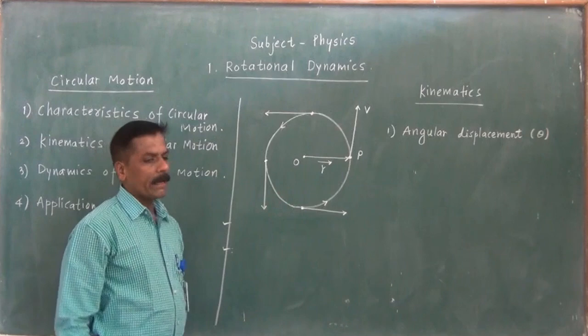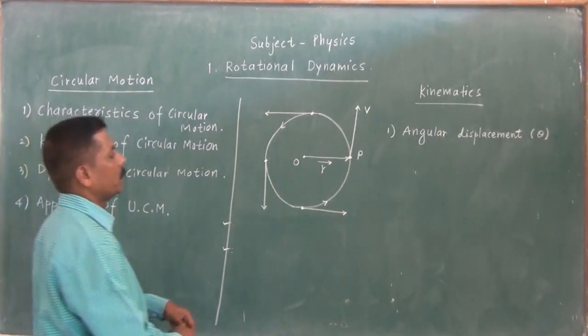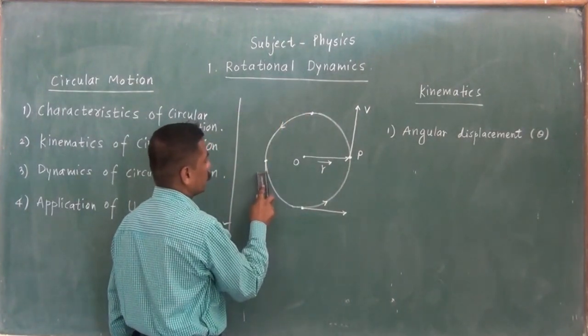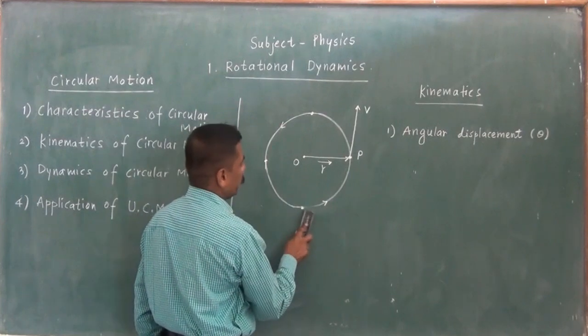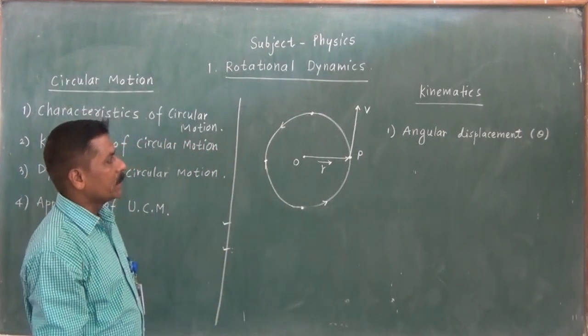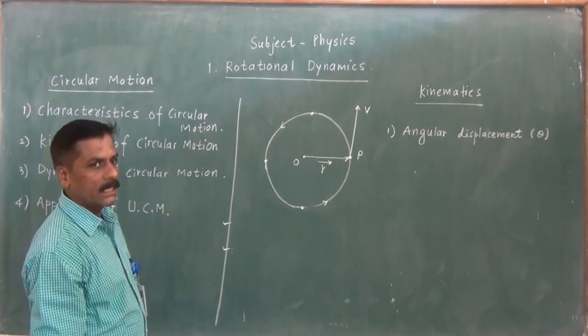Now in this diagram we can represent the angular displacement so that you will get an idea about this. Suppose O is the center of the circle, P is the position of the particle, and v is the tangential velocity.